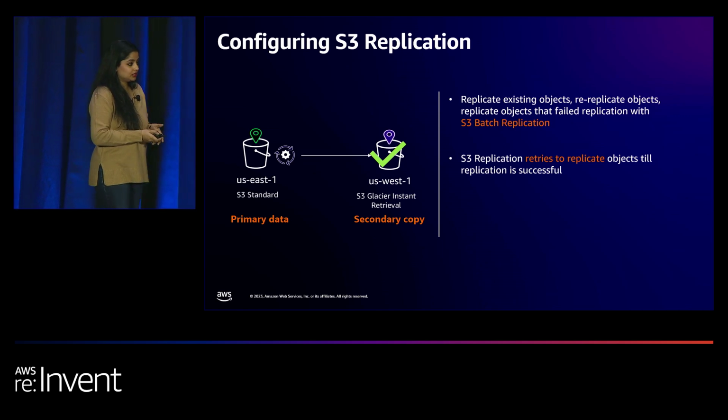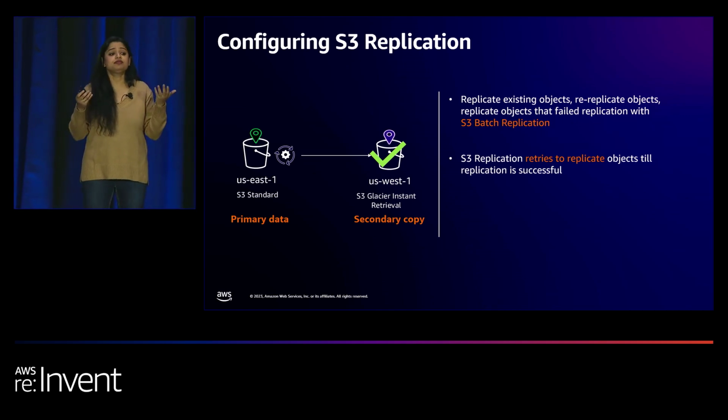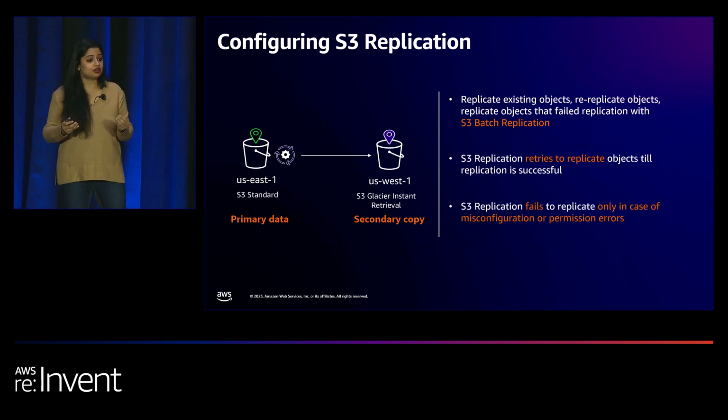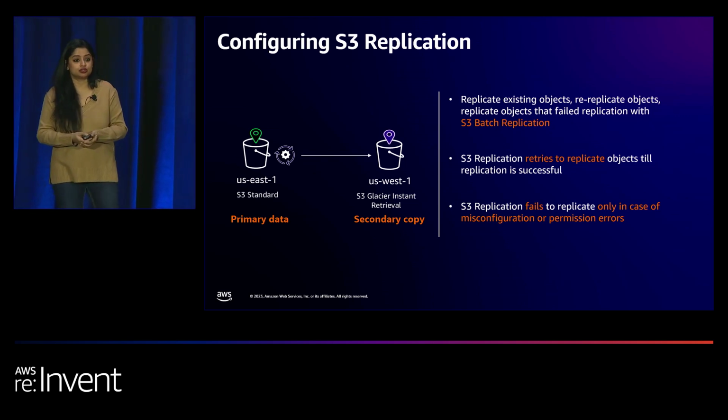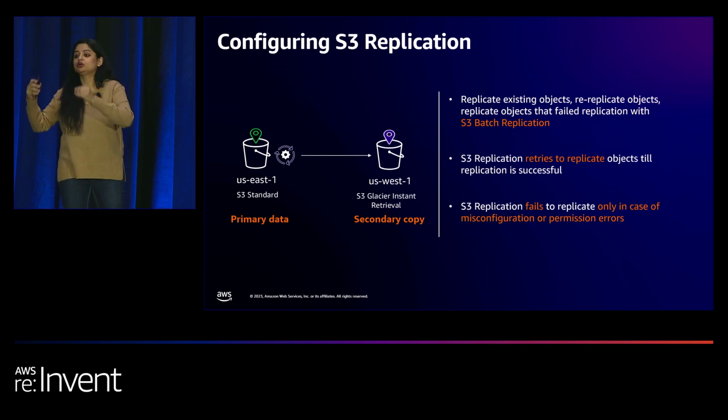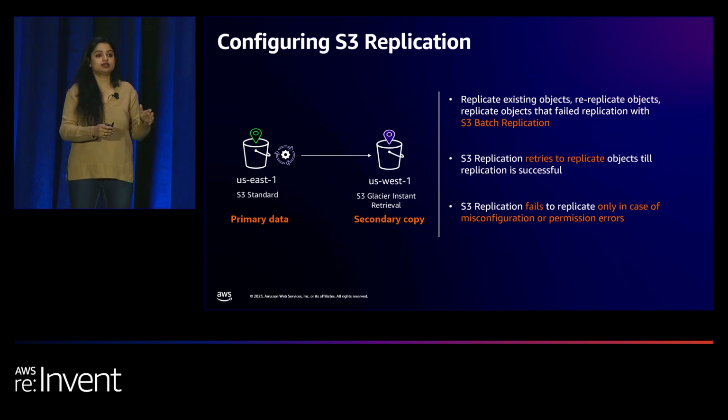Having said that, S3 replication can fail to replicate objects, yes. But that will only be the case if there are any configuration errors or inadequate permissions while configuring replication. For example, if your destination bucket name is incorrectly spelled when you're trying to configure your replication, or your destination bucket is deleted altogether by mistake.